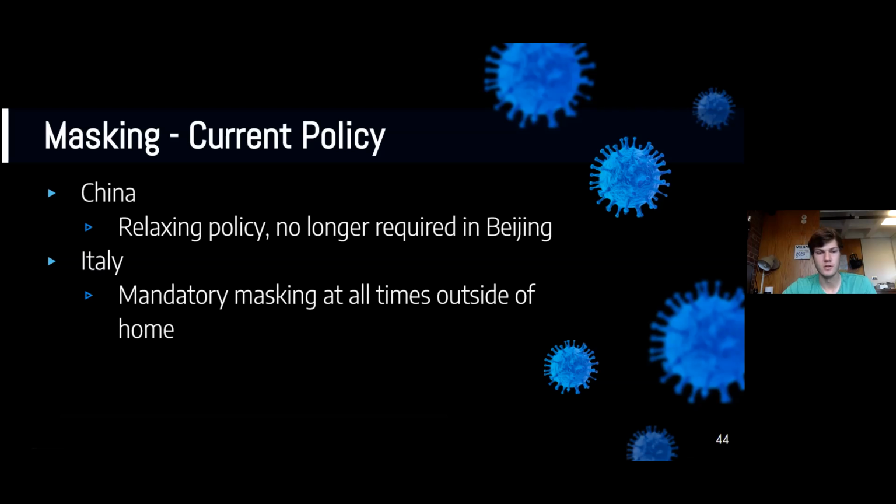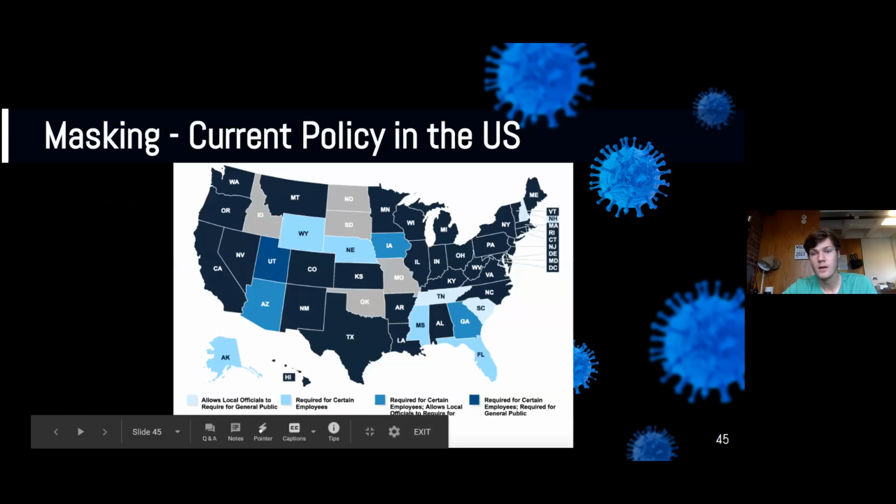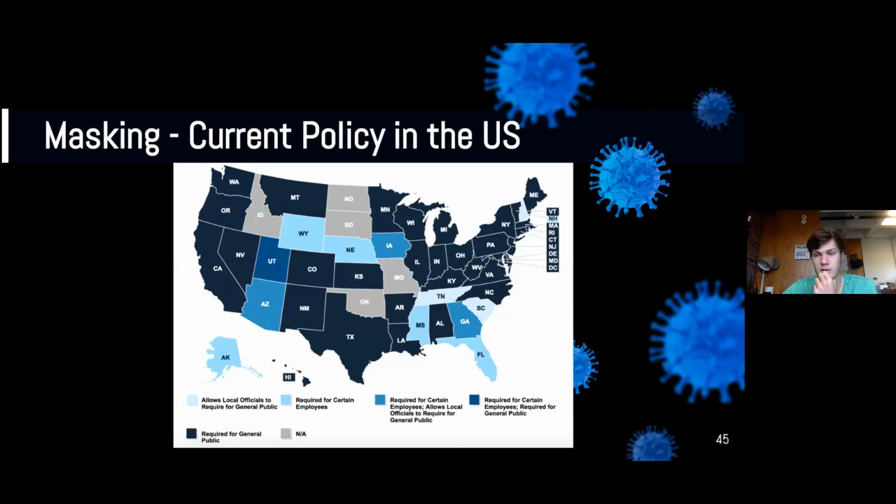And then moving on to the US in this next slide, here's a visual of state by state where states are in masking guidelines. So the dark blue is required for general public, and then the light blues are some sort of mixture of required for certain employees or general public, etc. And the gray is like no requirement.